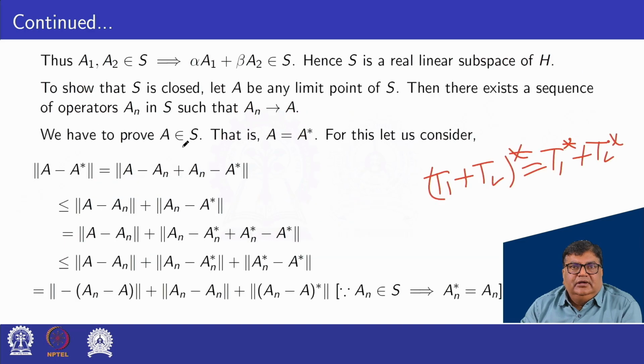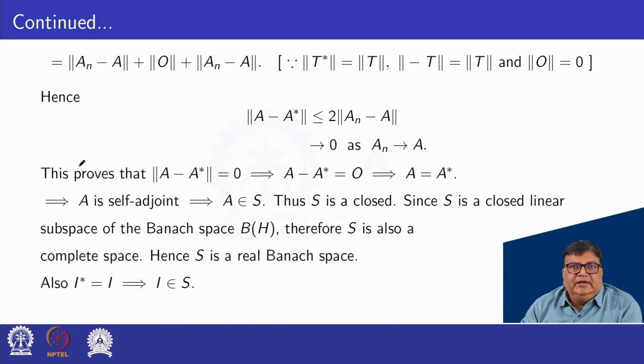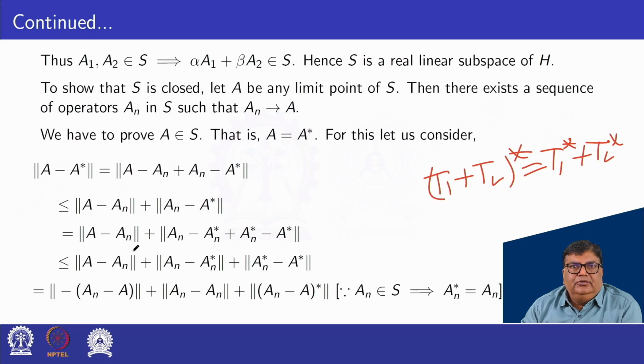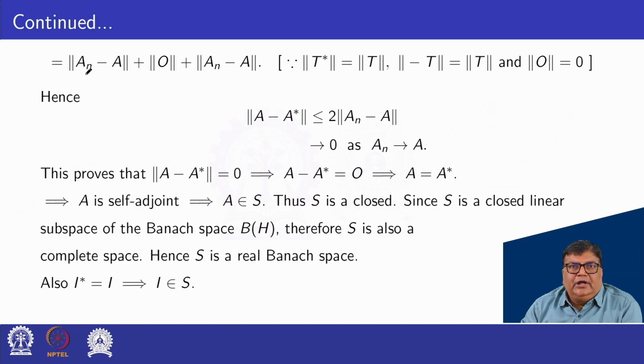Hence norm of A minus A star is less than or equal to 2 into norm of An minus A.